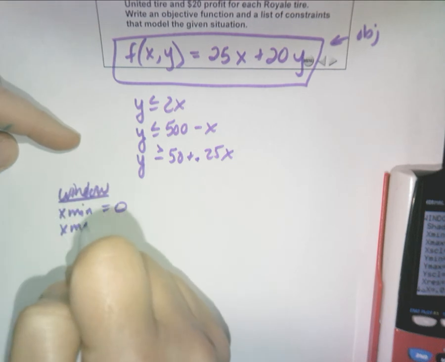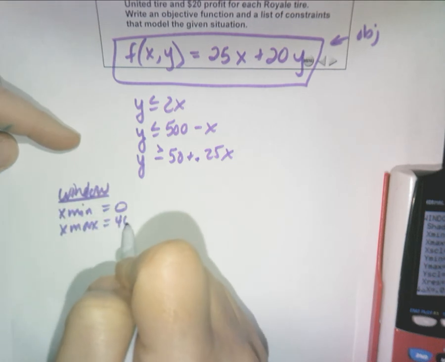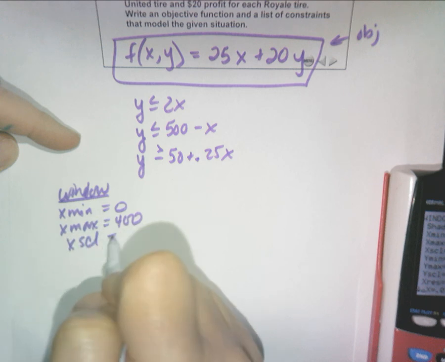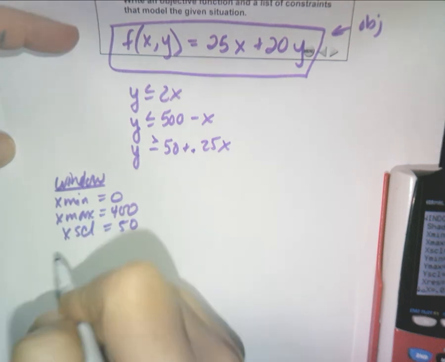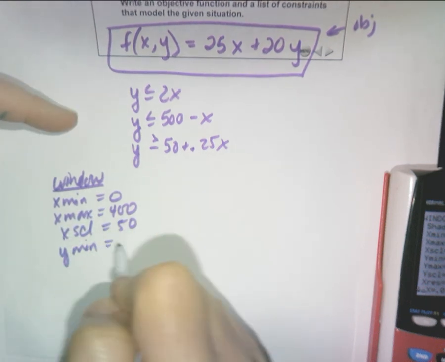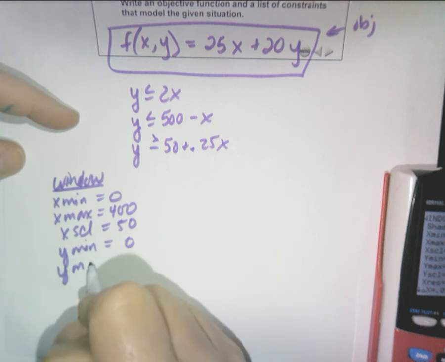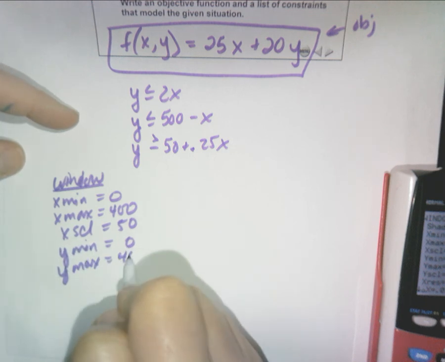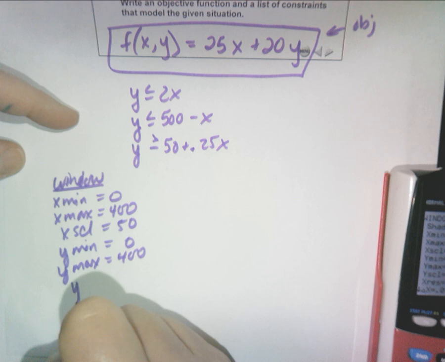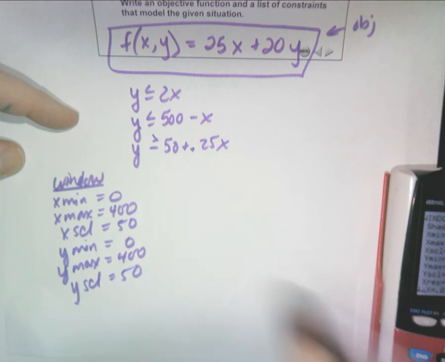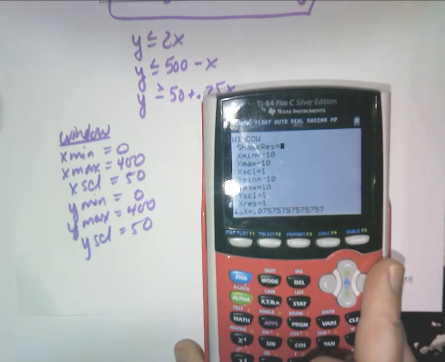The X max is 400. And your scale is 50. And I want you to do the same for Y min and Y max. Don't worry about res. Don't worry about anything else. Y scale is 50. Okay, so change that for me.